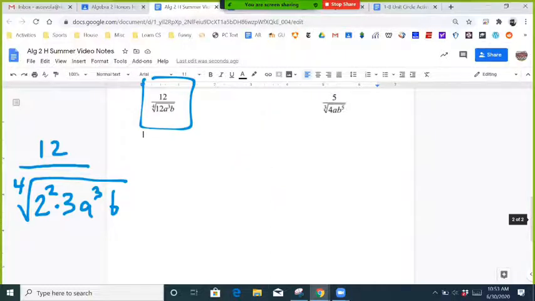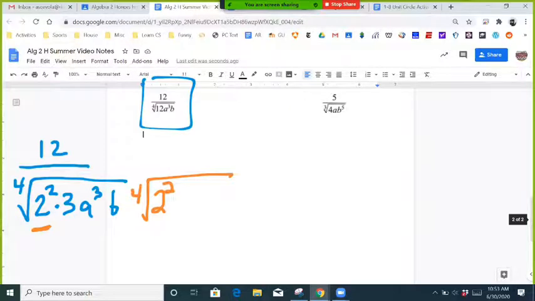There are different ways to do this, but the simplest, most straightforward way is to think of trying to get groups of 4 factors with each unique factor. So the 2 here is 2 squared, so you need 2 more 2's for it to be 2 to the 4th.